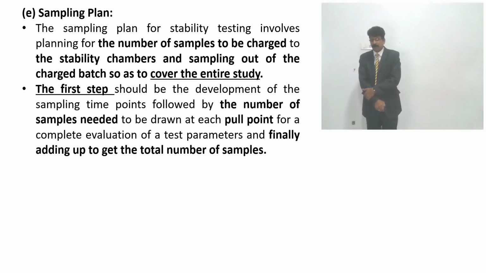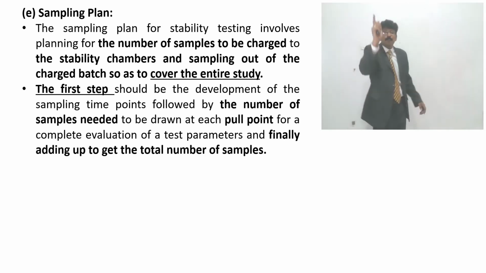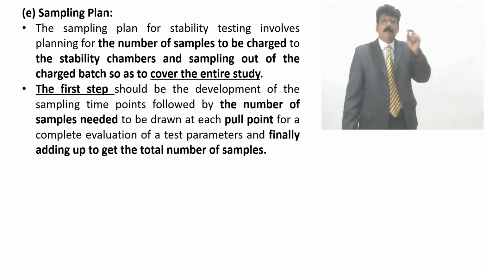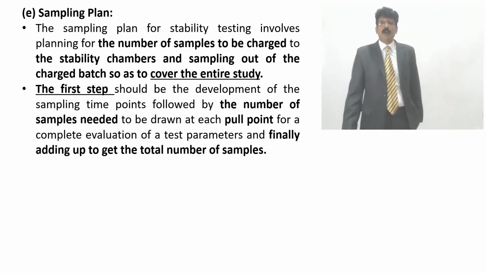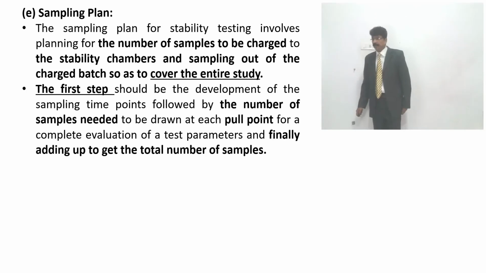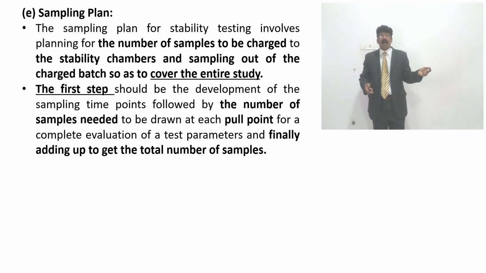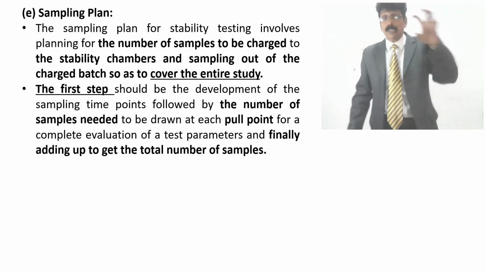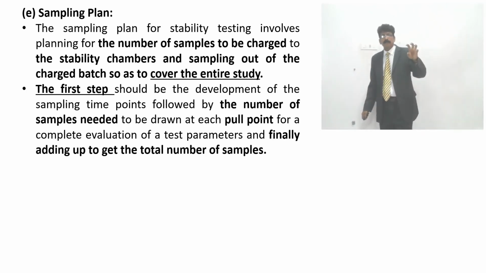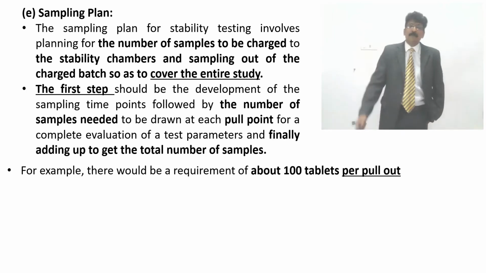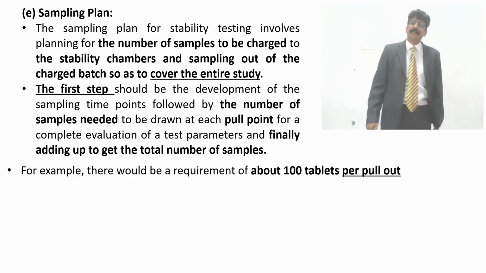Apart from that, in general, the first step should be the development of sampling time points followed by the number of samples needed to draw for each pull out or each pull point for a complete evaluation of a test parameter, and finally add up to get the total number of samples you have taken for a batch or a product. See here, for an example, there would be a requirement of about 100 tablets per pull out.